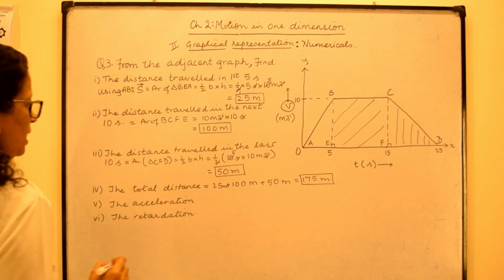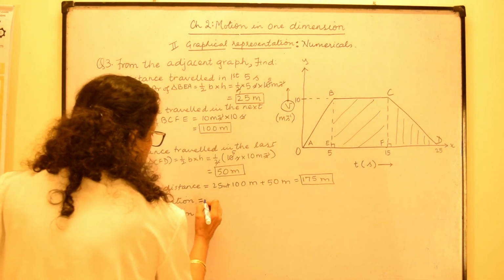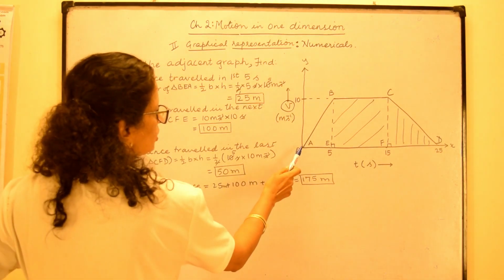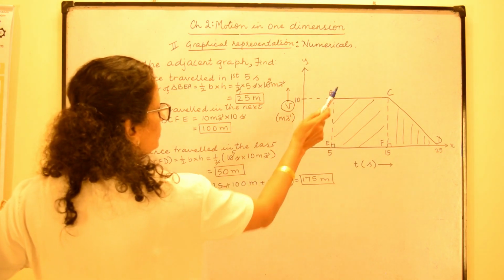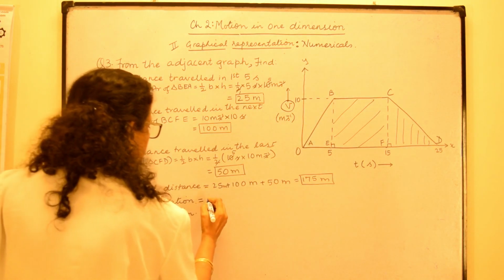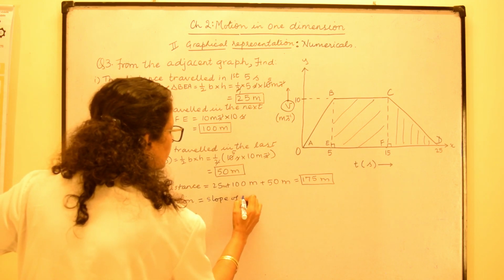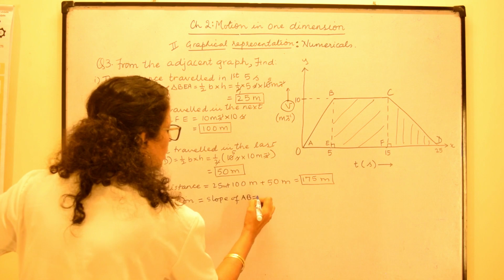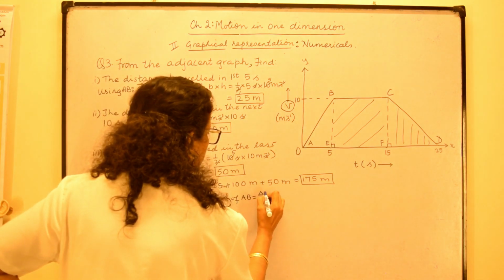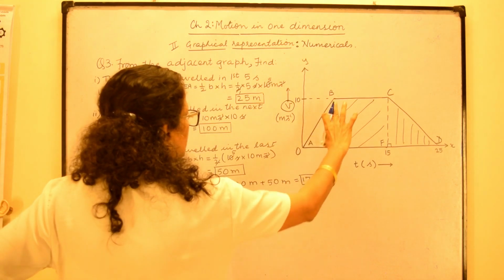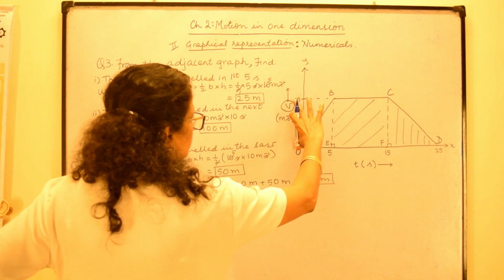Now let us come to the acceleration. When it comes to the acceleration, where is the velocity increasing? From A to B. So the acceleration is going to be slope of AB. Now slope of AB, again we have delta y upon delta x. Delta y will be this, that is the velocity.